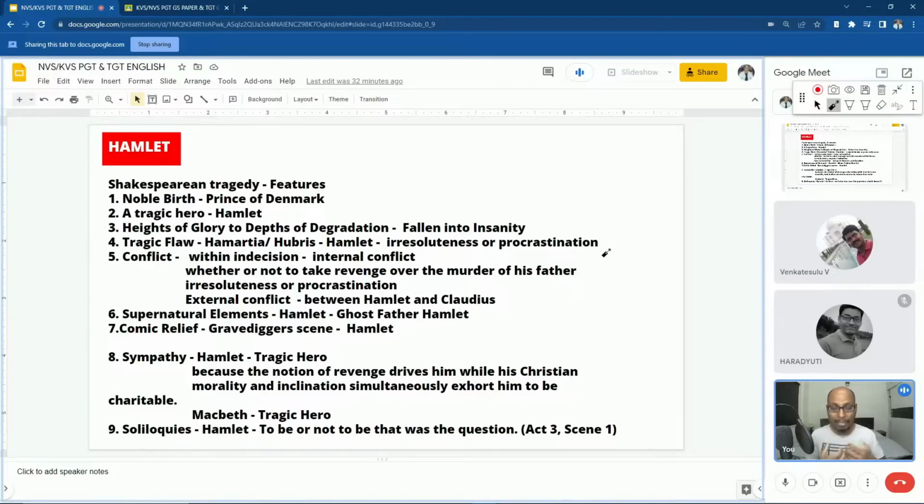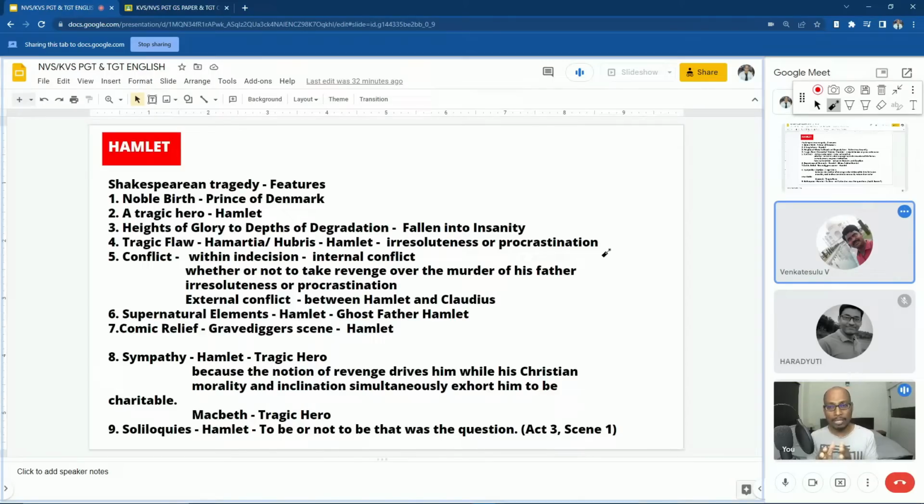So to make himself understand and believe that what his father's ghost said is correct, he conducted one experiment. He enacted one small play, the mousetrap in Shakespeare's Hamlet, to find out whether Claudius and Gertrude are the real culprits or not. So procrastination is postponement of things. Understood, Venkatesh sir?